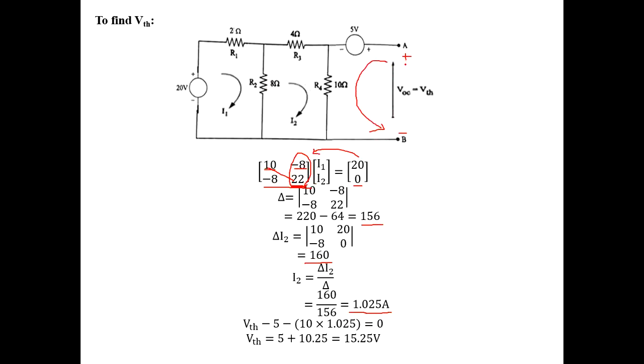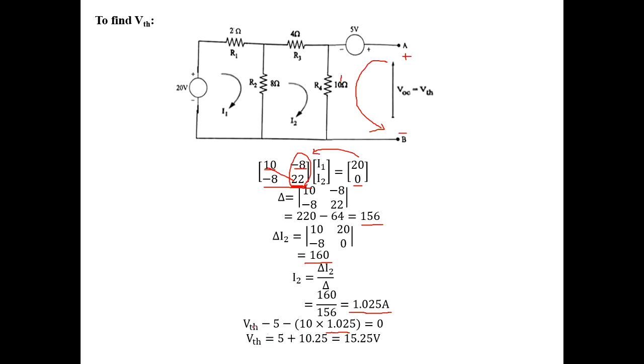We can write the equation: VThevenin minus, this arrow meets this positive, so we write minus 5. Then this is the resistor voltage drop. We can put minus 10 into the current, since both current directions are the same, the same value 1.025, which is equal to 0.